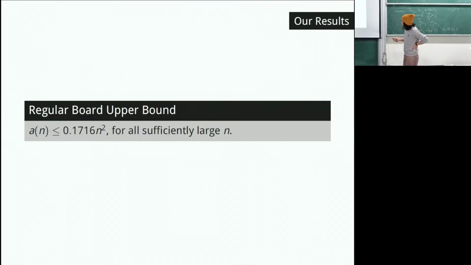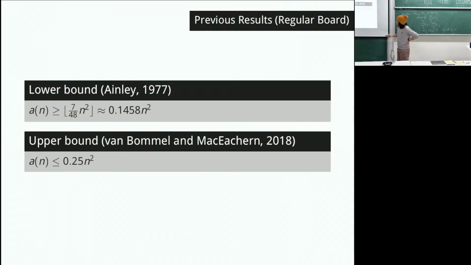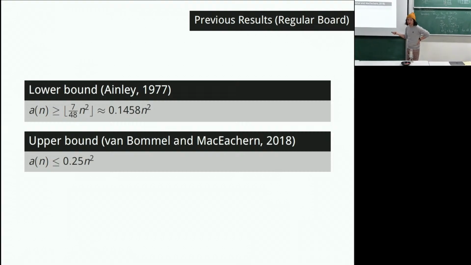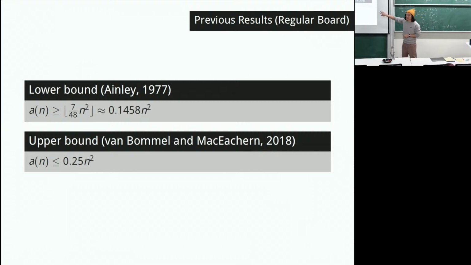Okay, so what we proved is a better upper bound for the regular board. We get this 0.1716 n squared. You see that this is quite a big improvement over this 0.25 n squared. In fact, the proof of this 0.25 n squared doesn't use the fact that queens can attack diagonally.